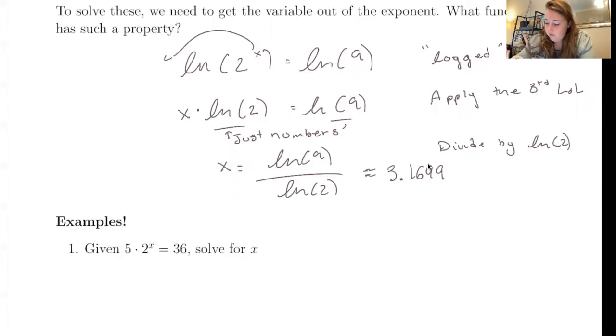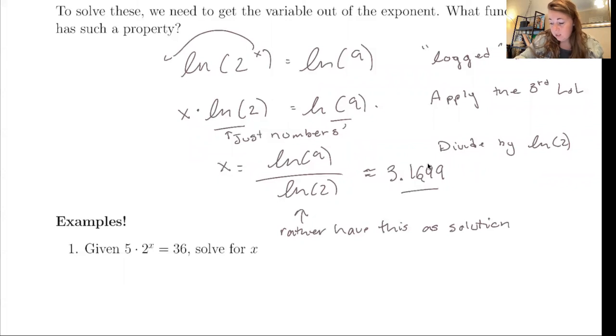I'd rather have this as my solution. I'd like that instead of you going from here to here, because I don't know how you got here. That's what I mean by showing all your work. Because what if you plugged something in wrong to your calculator, but you got to this part correctly?